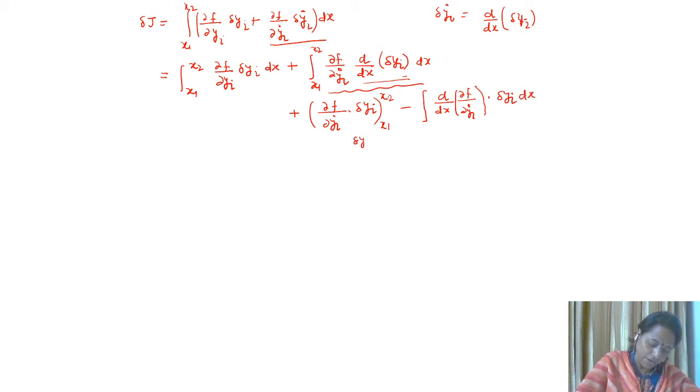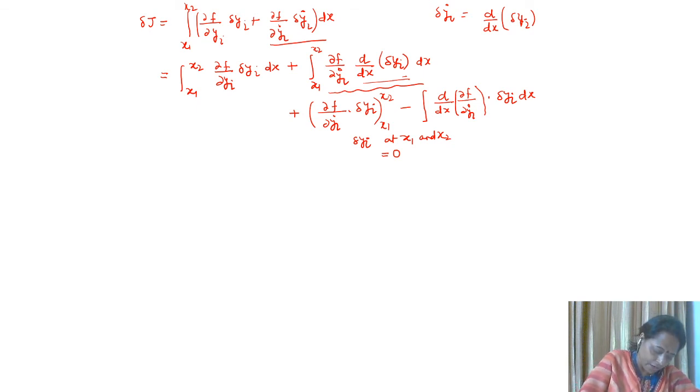Now what is delta yi at x1 and x2? It is 0, because at the end points there is no variation in y. All the curves are meeting at the same point. Both the terminal points are same for all the curves, so it will be 0.